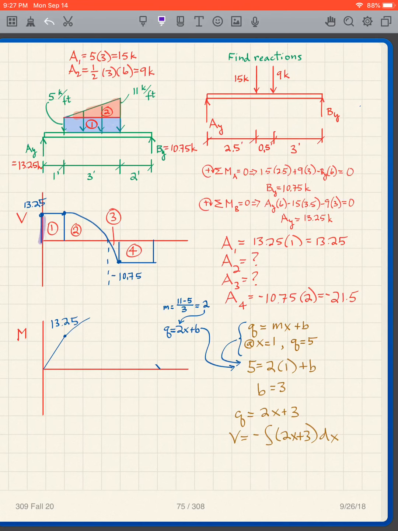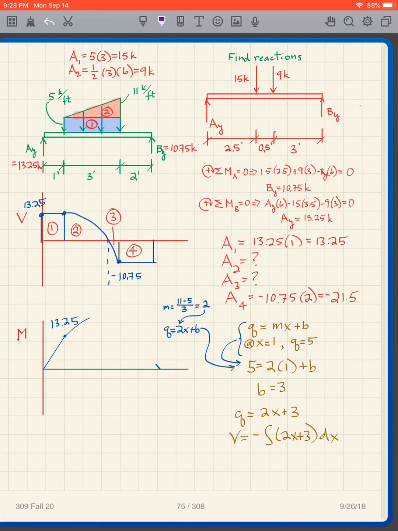I go up AY, then I know this total load is 9 plus 15, which is 24, so I'm going to go down 24. It looks like that, because on the right side my slope is -11, and on the left side my slope is -5. Then I go straight across and up. So there's my shear diagram.